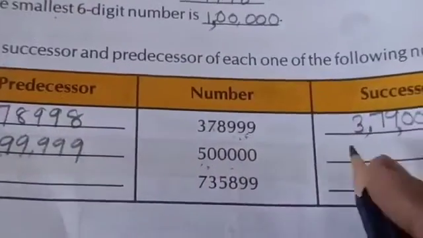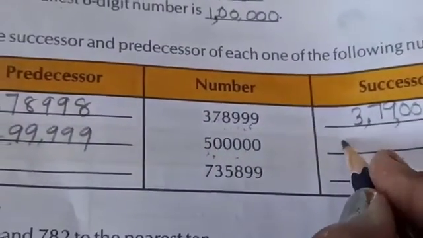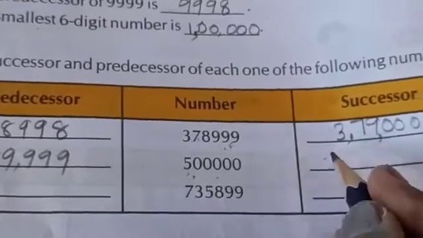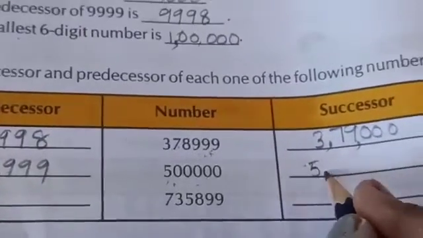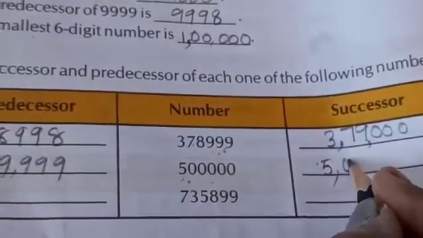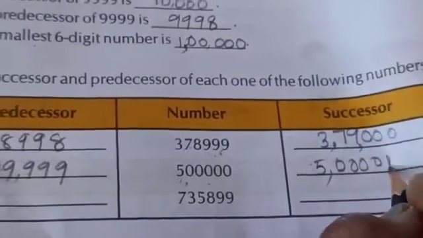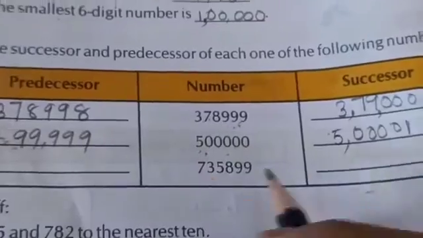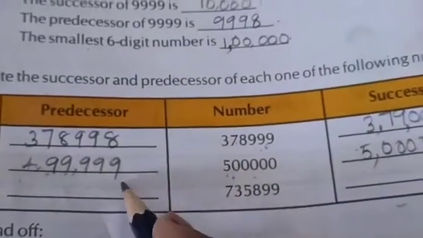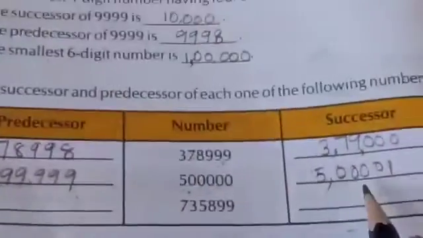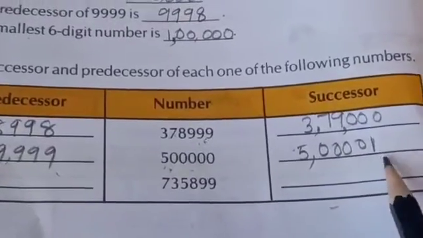Now successor means the next number. What will you write as the next number? 5 lakh 1 is the successor of this number. 4,99,999 is the predecessor, 5 lakh 1 is the successor.